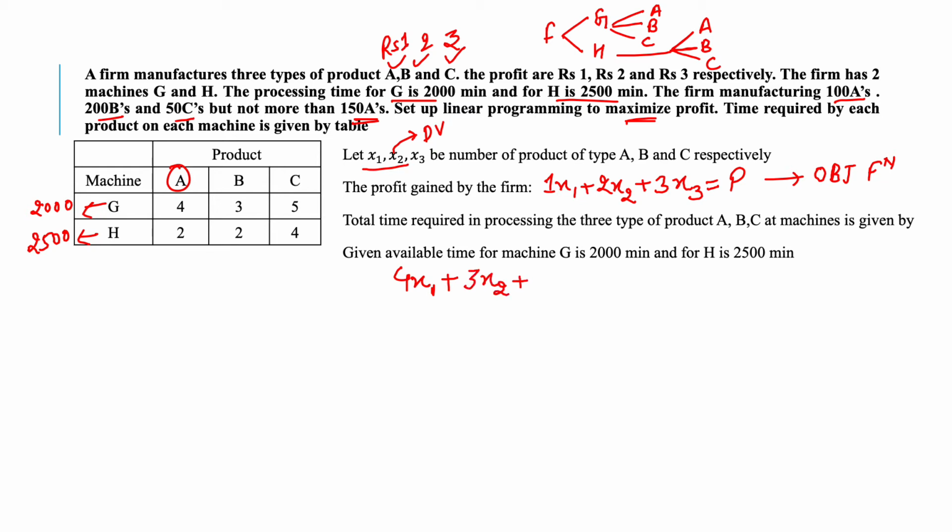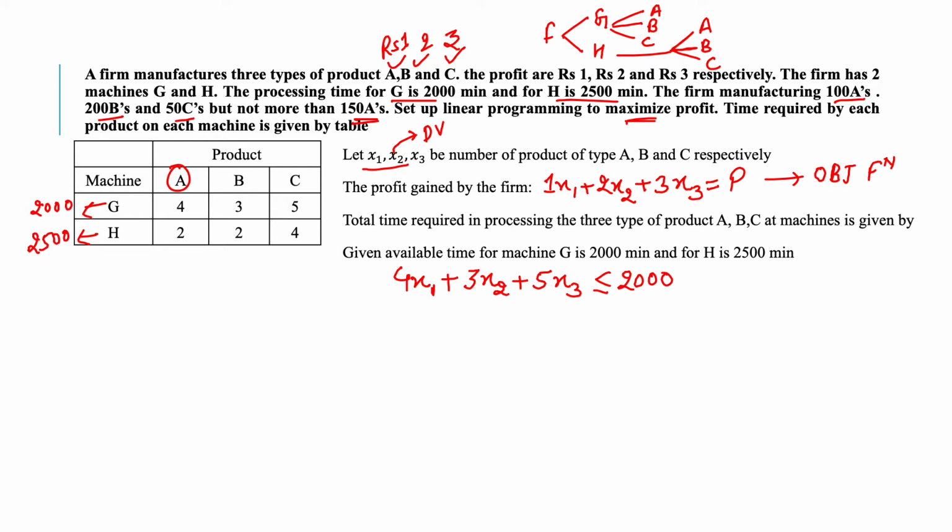For product C it will be 5 into x3, and in total this is the time which the machine will work. So it should be less than or equal to 2000 minutes.